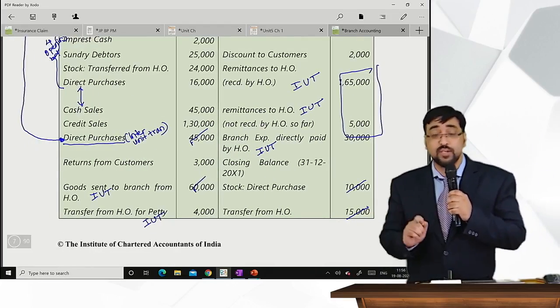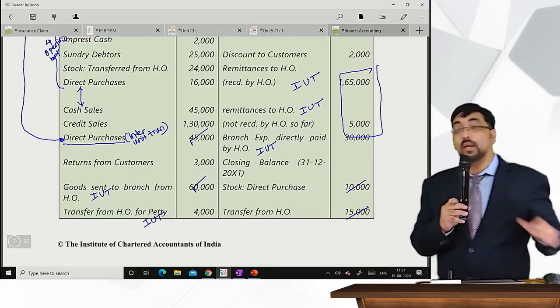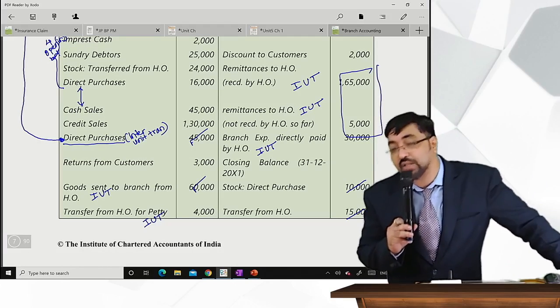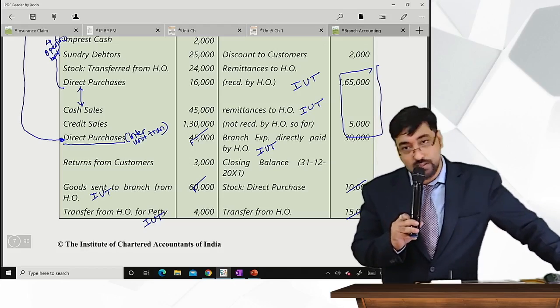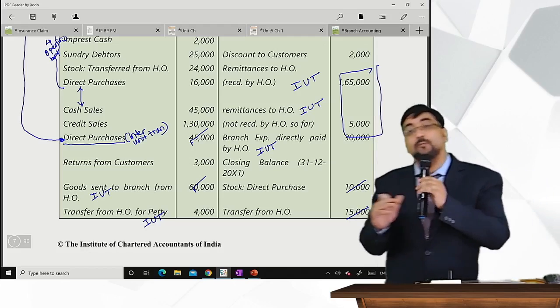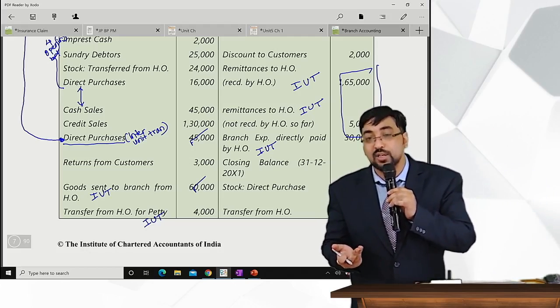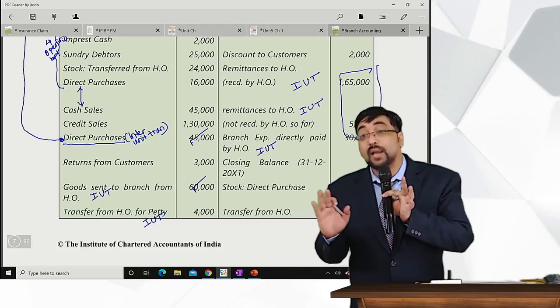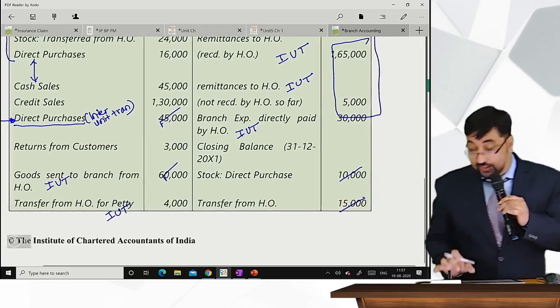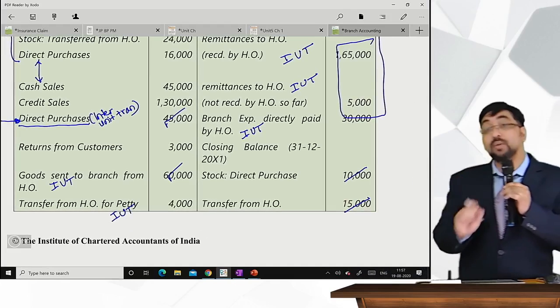In this question, we are not going to open memorandum cash account. Why? Because daily cash is remitted to head office, so there is no question of maintaining any cash account. If you are not maintaining a cash account, don't open a memorandum cash account. This is an important point.